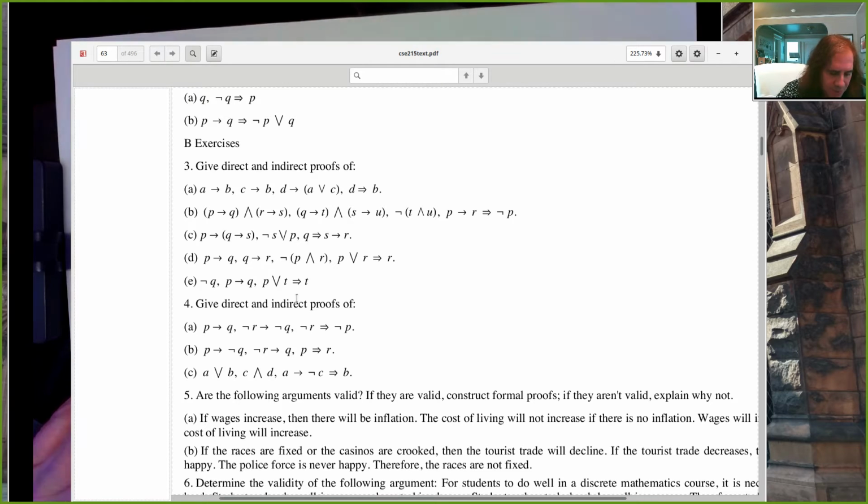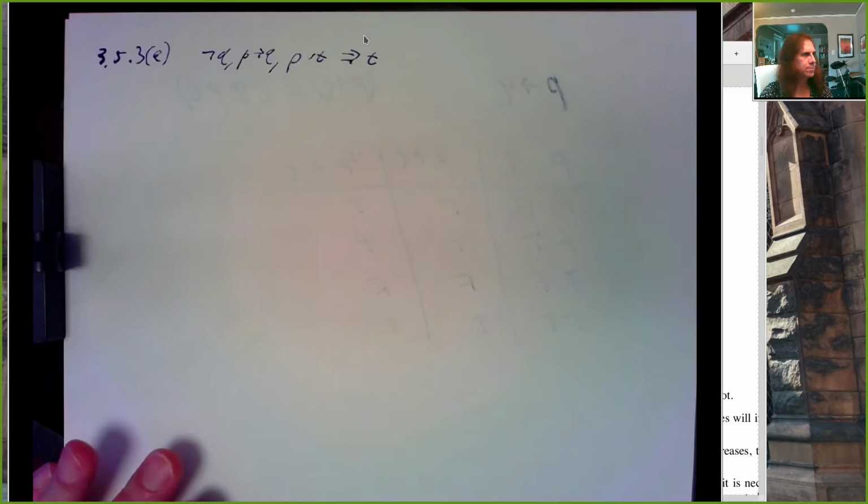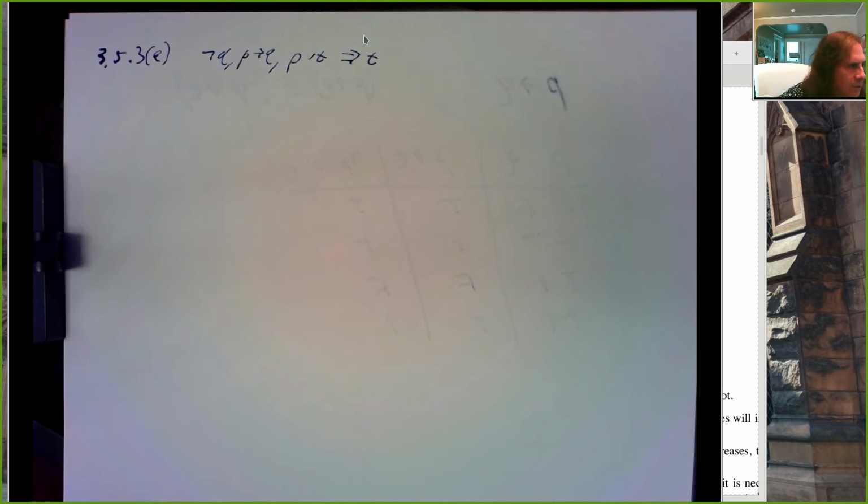So we're told not Q, comma, if P then Q, comma, P or T implies T. Alright, so we're trying to prove this theorem. And it's good to look at this and see if you have some ideas on how to possibly get here.